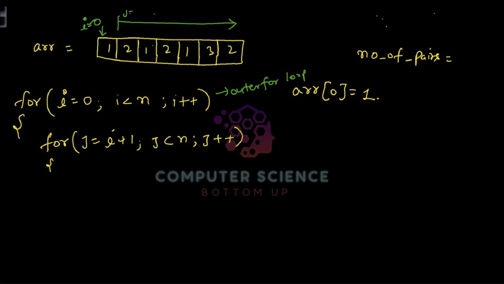So I am going to iterate j from 1 to n, which in this case equals 7. So I am going to iterate from 1 to n minus 1, obviously.